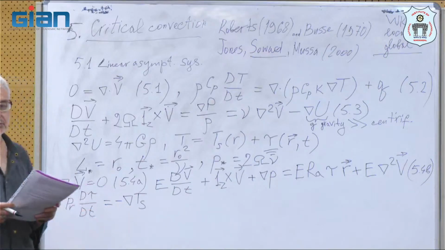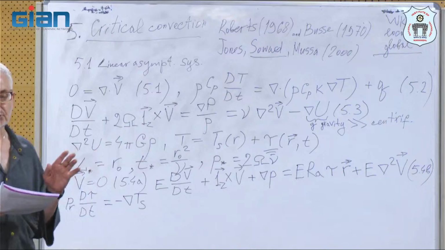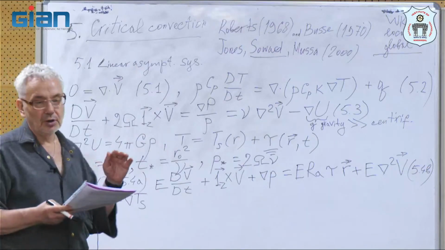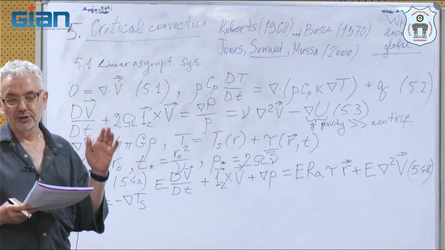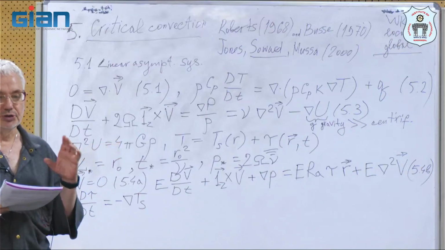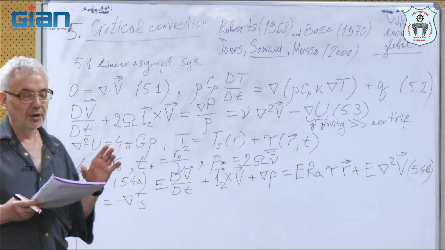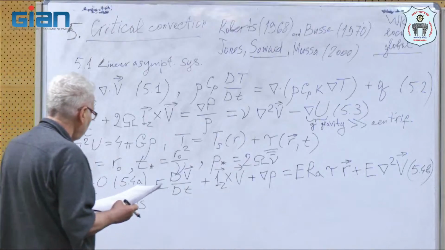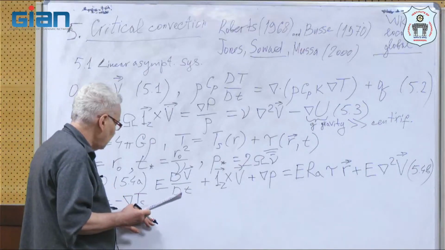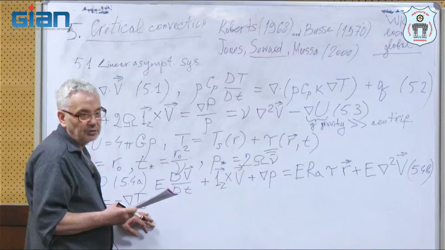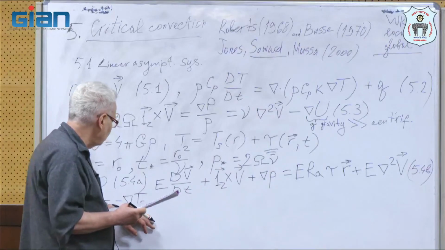So the usual condition to model this is to have one temperature on one boundary and another temperature on another boundary. So there is a gradient of temperature, and it has some hydrostatic part. And this hydrostatic part is actually the main driver of the convection, which manifests the convection instability.